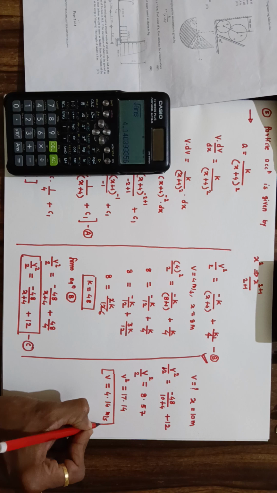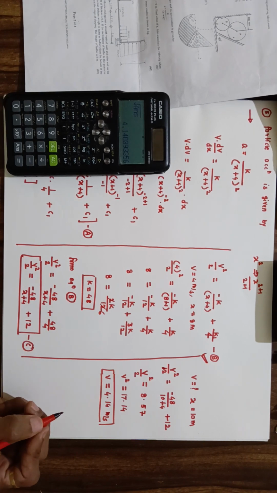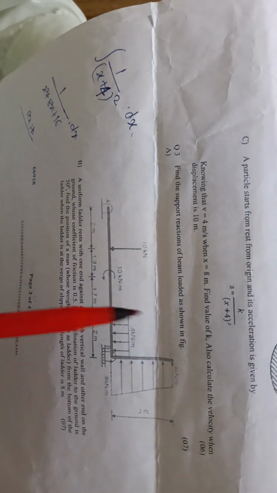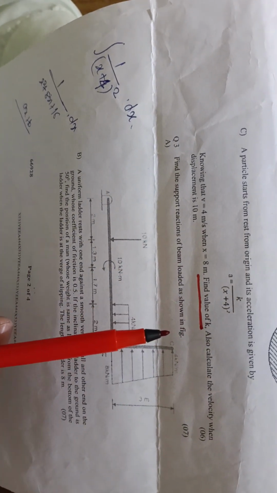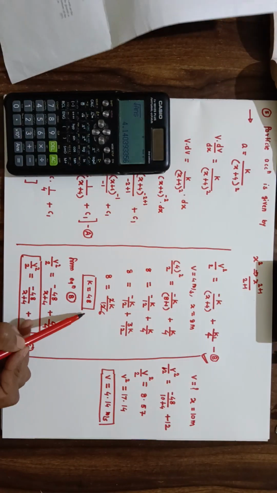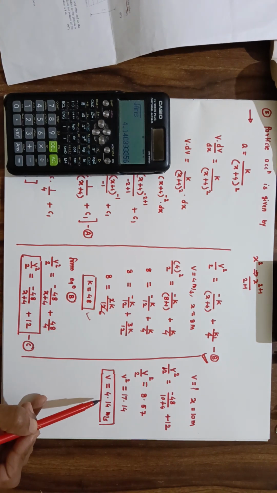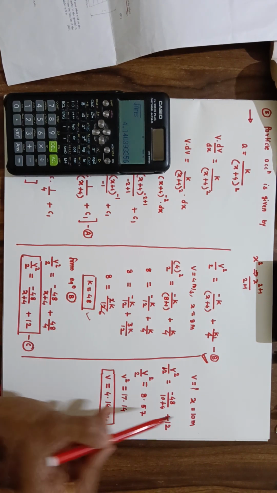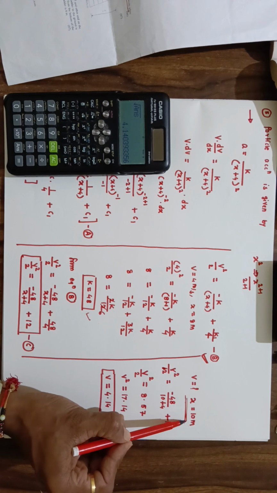So this is the final answer. The question was to find the value of k and also calculate the velocity when the displacement is 10 meter. So the value of k is 48 and the velocity is 4.14 meter per second when the displacement or position is 10 meter.